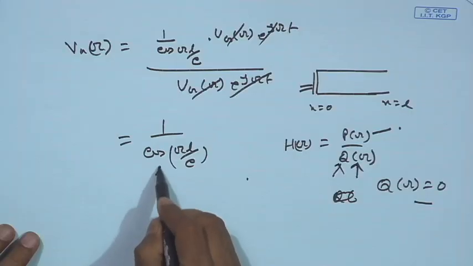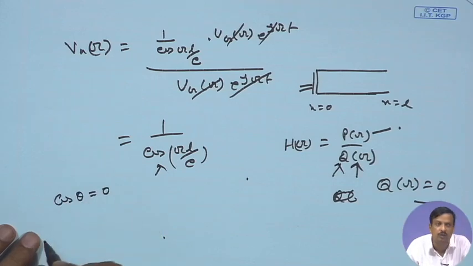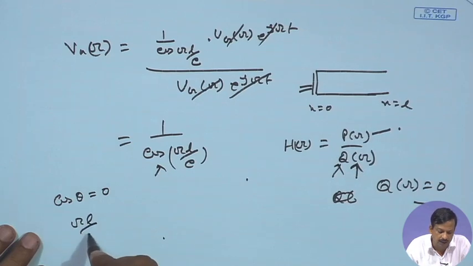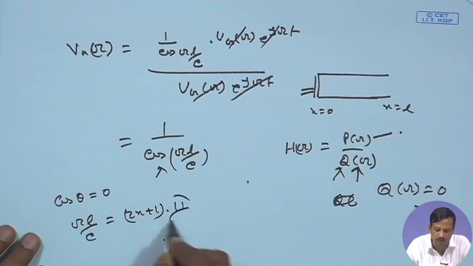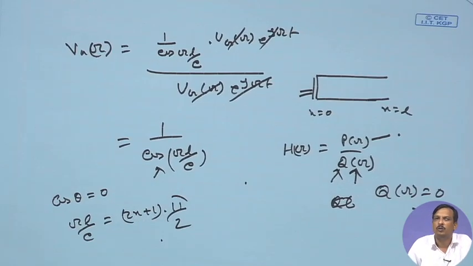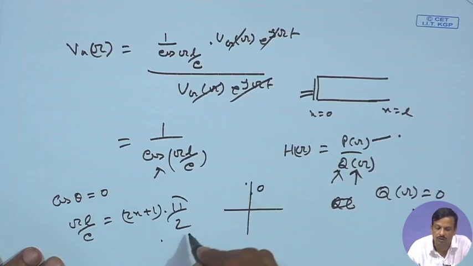How many solutions can I get here? Cos theta is equal to 0 when omega L by c is equal to (2n plus 1) into pi by 2. Cos pi by 2 is 0.